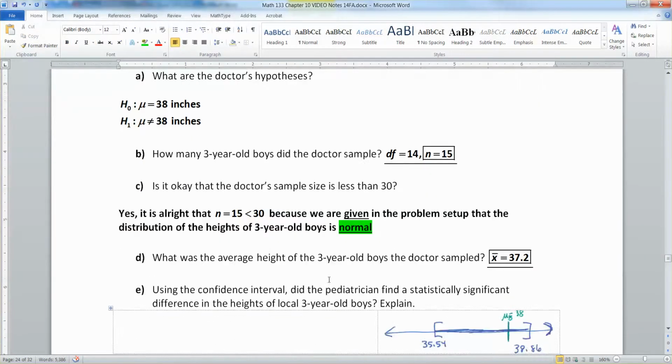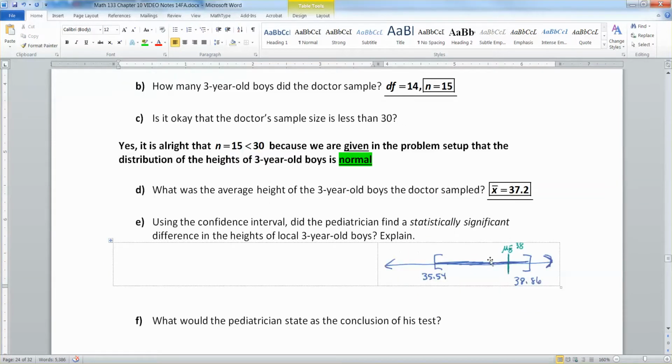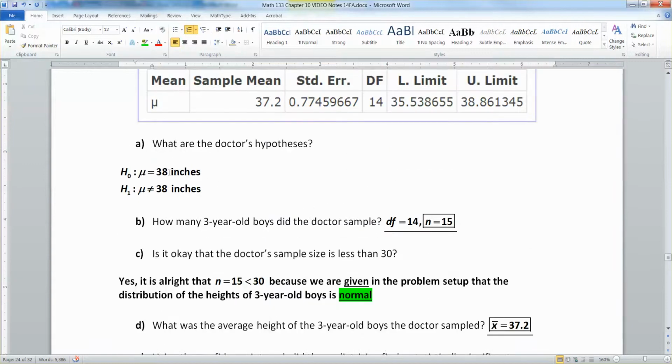All right, now, using the confidence interval, did the pediatrician find a statistically significant difference in the height of local 3-year-old boys? Statistical significance would mean we're able to reject the null hypothesis. But we are not able to reject the null hypothesis, and I've drawn you a little picture here. You have 35.54 over here, you have 38.86 here, and then you have your mu zero equal to 38.